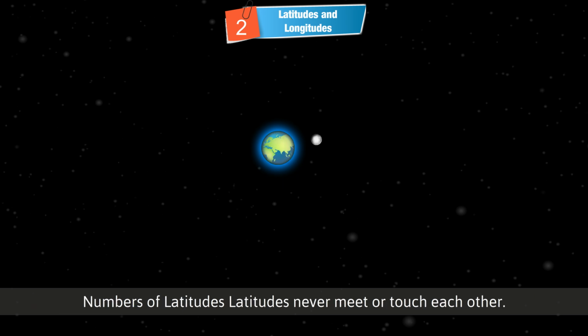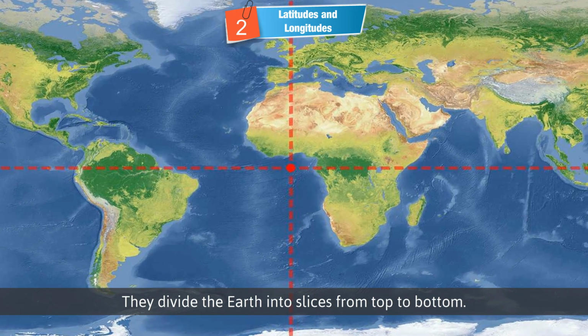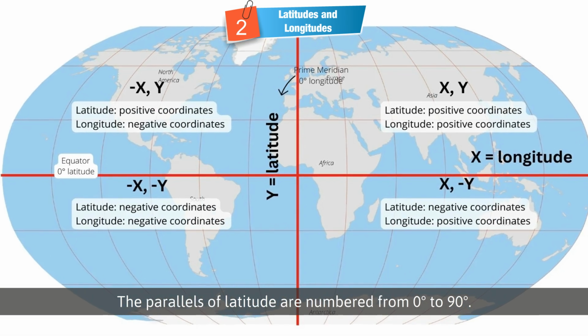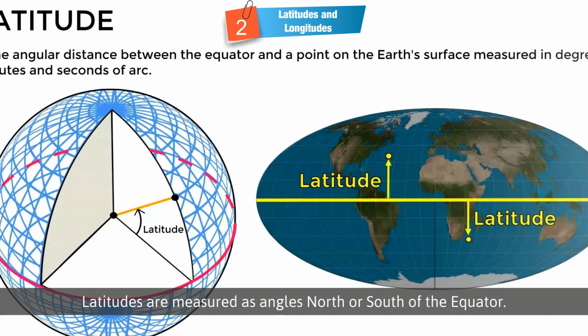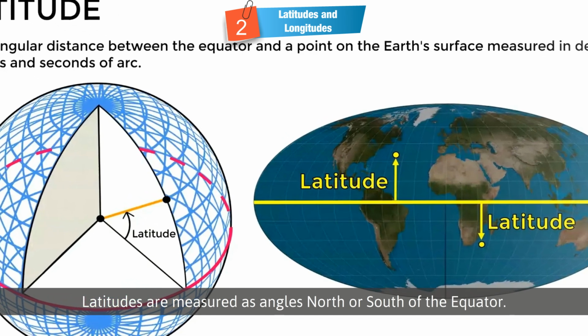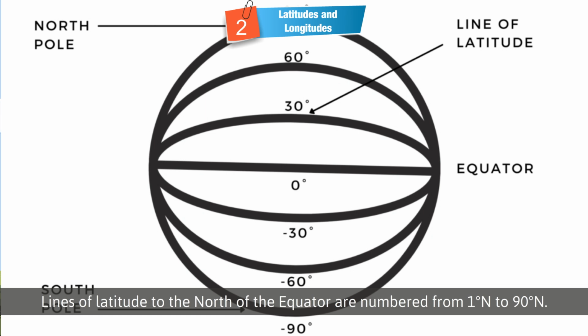Numbers of latitudes. Latitudes never meet or touch each other. They divide the earth into slices from top to bottom. The parallels of latitude are numbered from 0 degree to 90 degree. Latitudes are measured as angles north or south of the equator. Lines of latitude to the north of the equator are numbered from 1 degree north to 90 degree north.